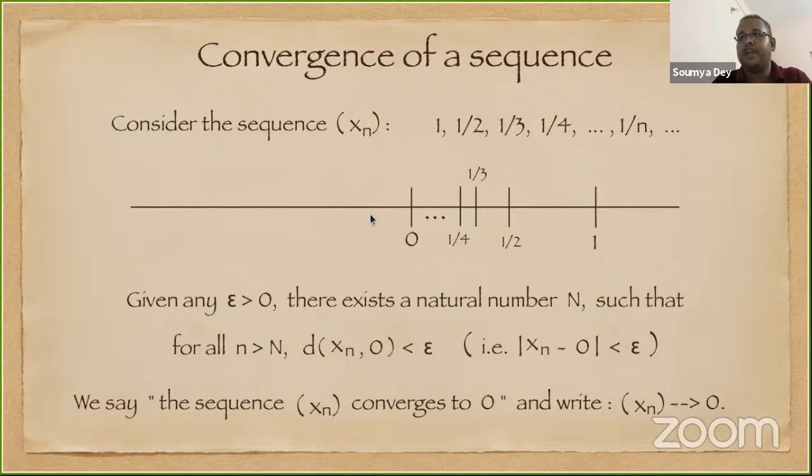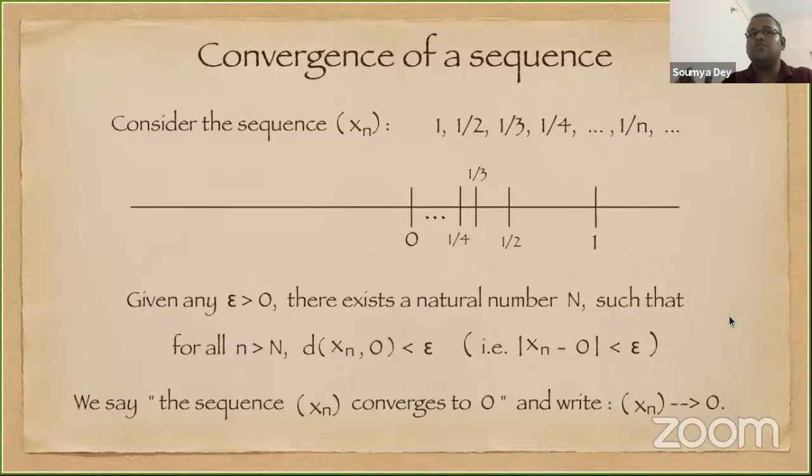So basically, you take an epsilon neighborhood around 0, and after some finite stage, all elements of the sequence will be inside this neighborhood, right? And you can choose this neighborhood to be very small, however small you like. So this is the notion of convergence. We say that in this case, the sequence xn converges to 0, and this is our notation for xn goes to 0.